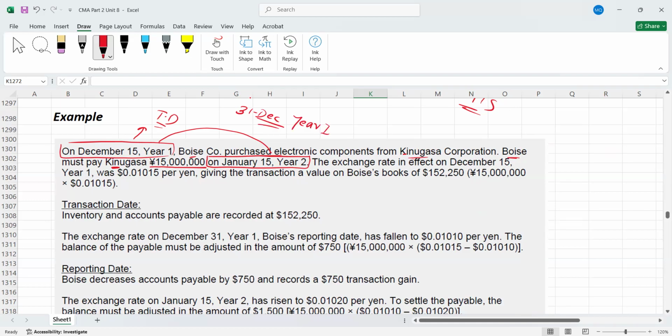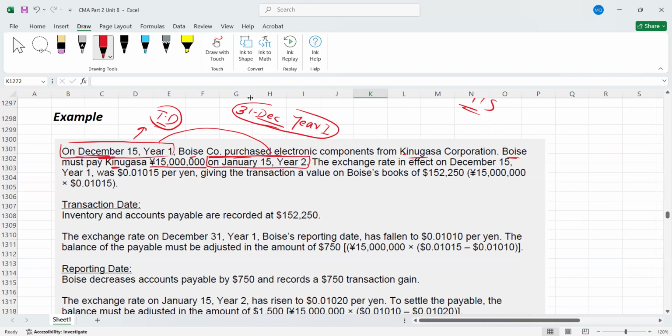So now, guys, please remember, we need to know the exchange rate at the transaction date, the exchange rate at the balance sheet date, and the exchange rate at the settlement date, which is January 15th.